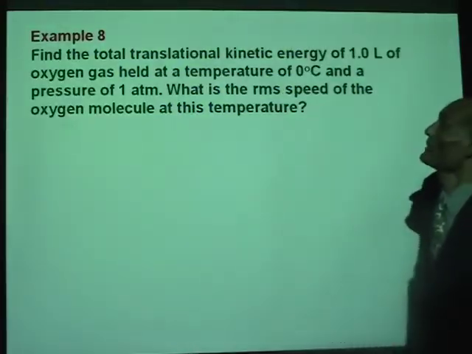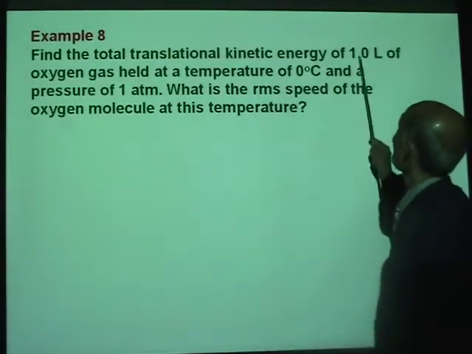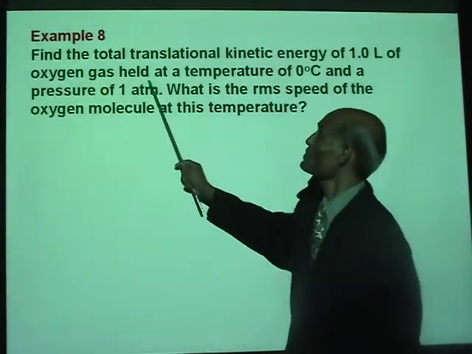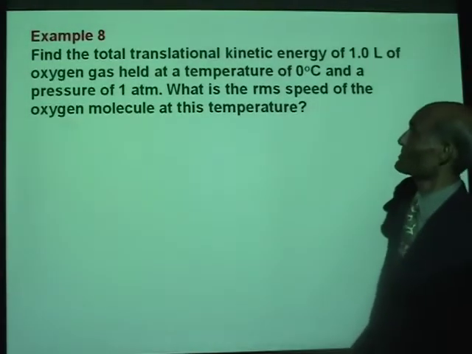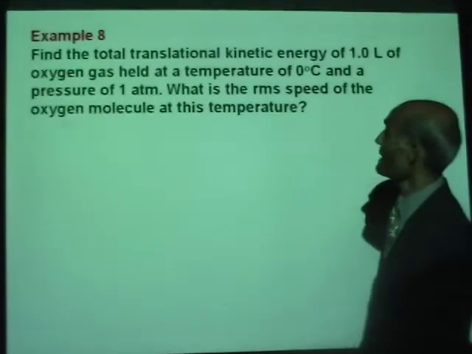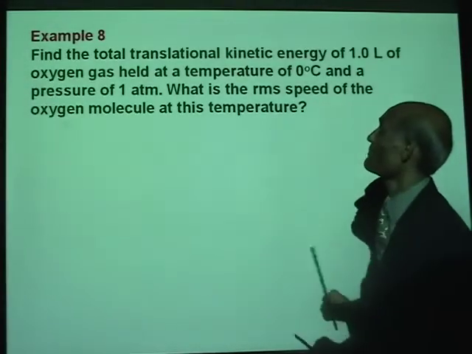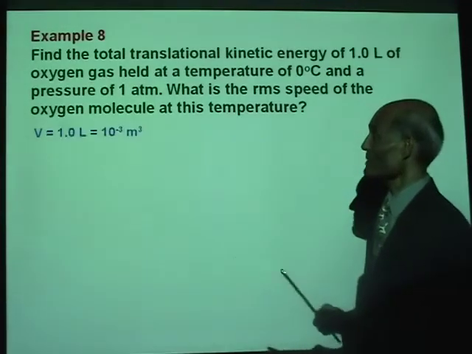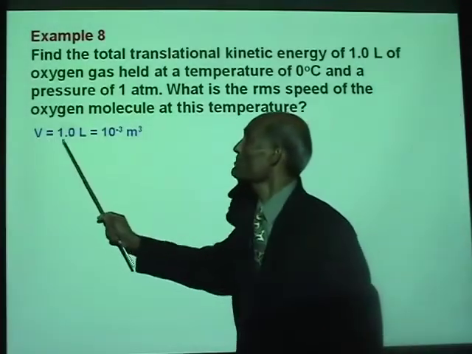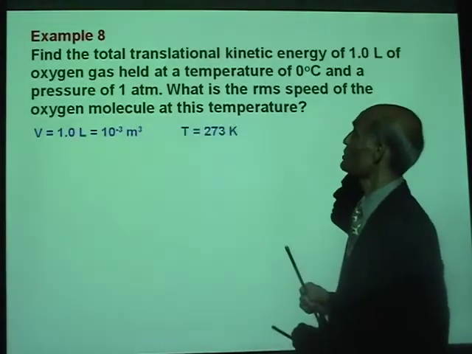That's the problem. Find the total translational kinetic energy of 1 liter of oxygen gas held at a temperature of 0 degrees Celsius and a pressure of 1 atmosphere. What is the RMS speed of the oxygen molecule at this temperature? Well, pick out the data. Volume is 1 liter, that is 10 to the power of -3 meter cubed.